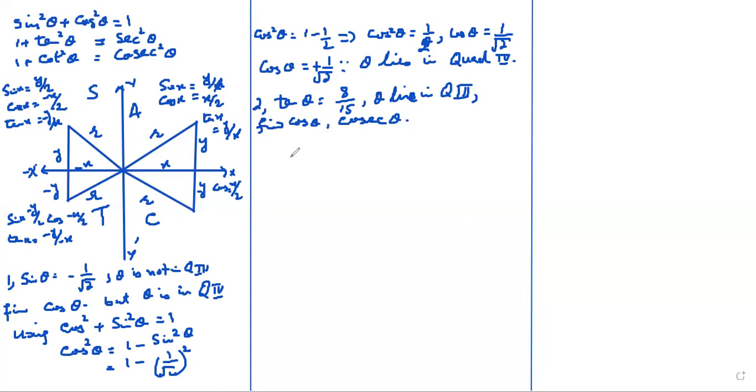It means that tangent theta is equal to this. Okay. So tangent square theta equals secant square theta minus 1.